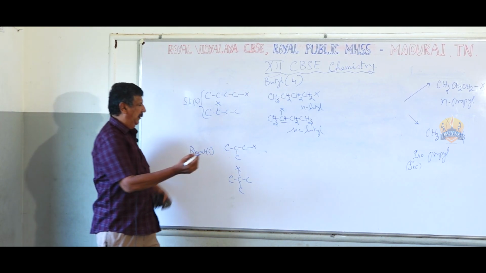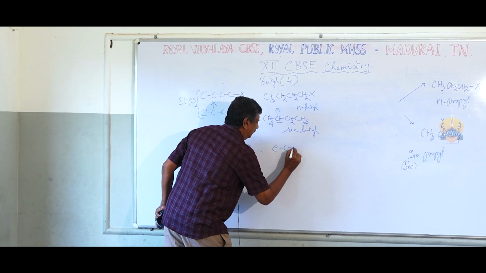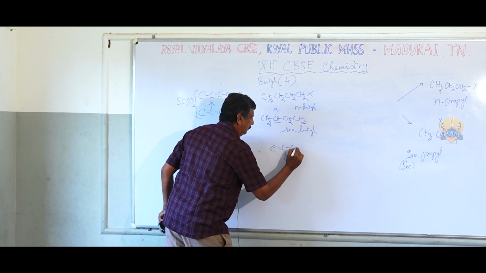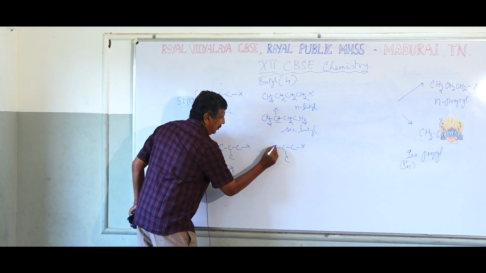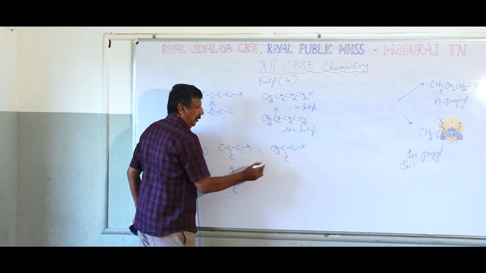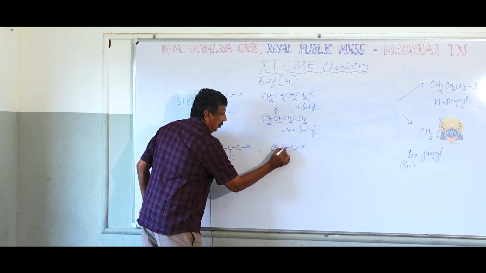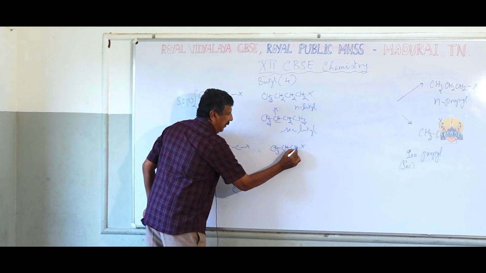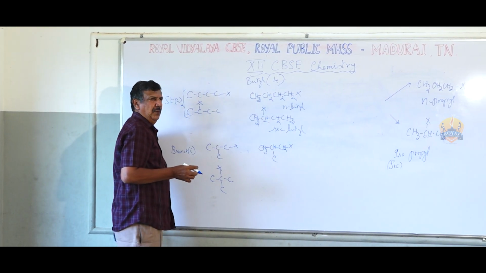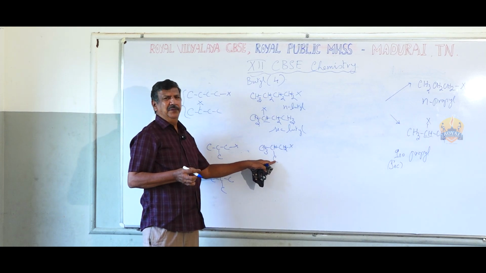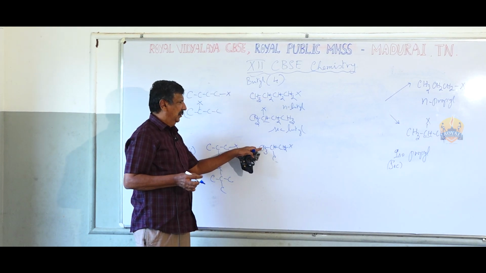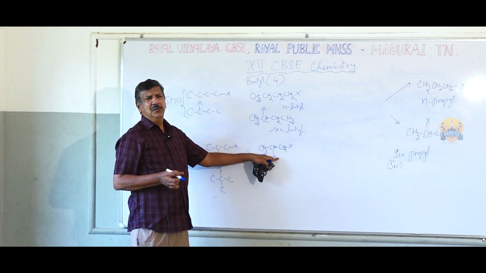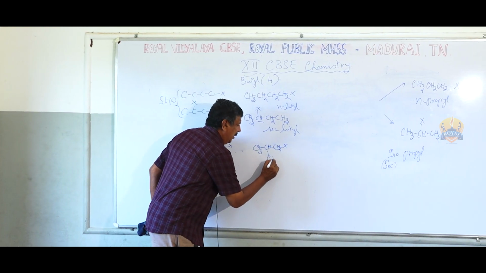How will you complete? Very easy. CH3, there is a group, so CH, here is no group, CH2. What about here? This is also an end. So what are we going to write?